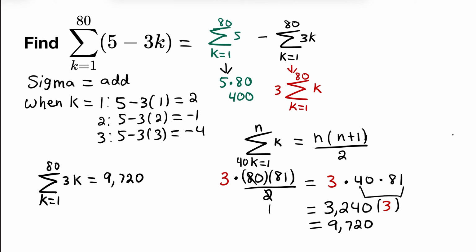We have to subtract. So we have the sum of 5 minus the sum of 3k. So we saw that the sum of 5 is 400. So we'll write 400 minus 9,720, and that equals negative 9,320, and that is our final answer.